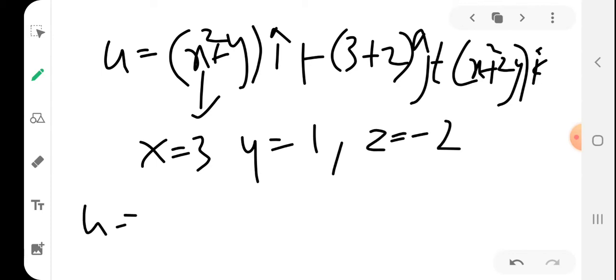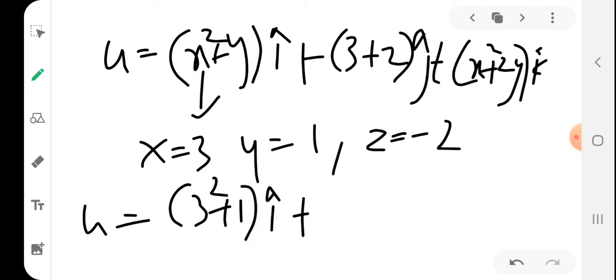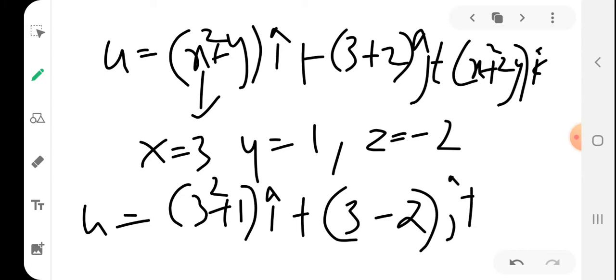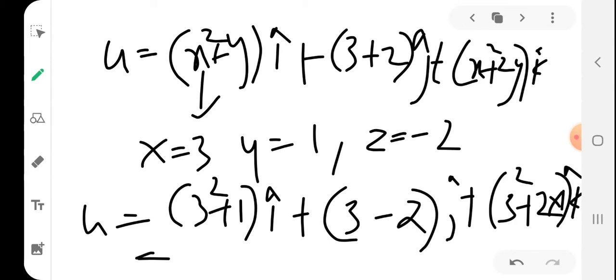Substitute, you will get u equal to (3 square plus 1) i plus (3 minus 2) j plus (3 square plus 2 into 1) k. So we will get u vector as 3 square means 9 plus 1, 10i, plus 1j, plus 9 plus 2, 11k.